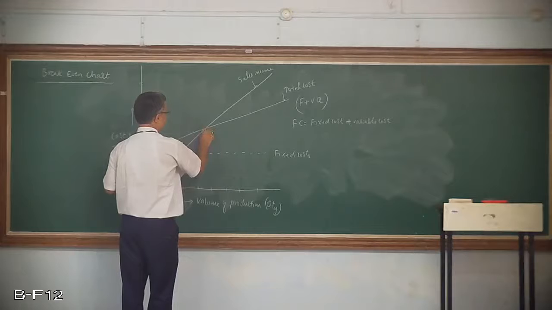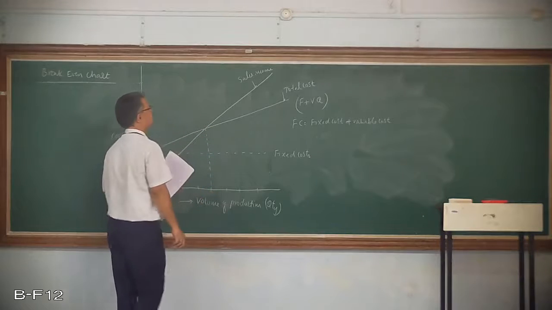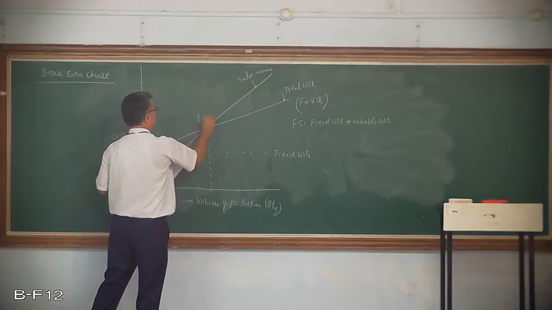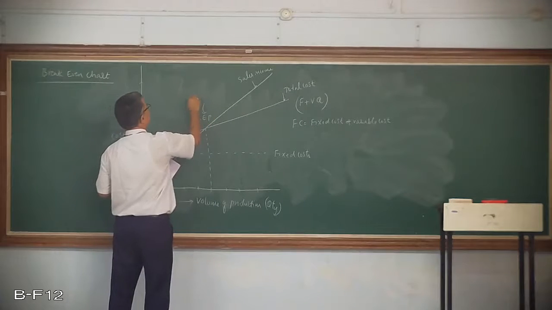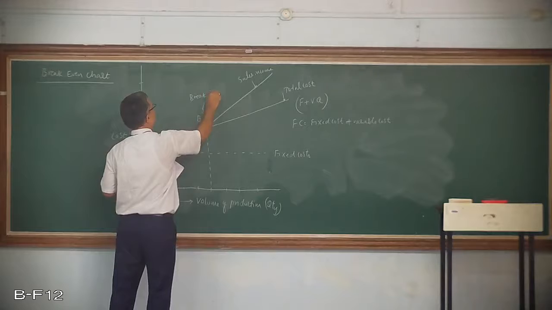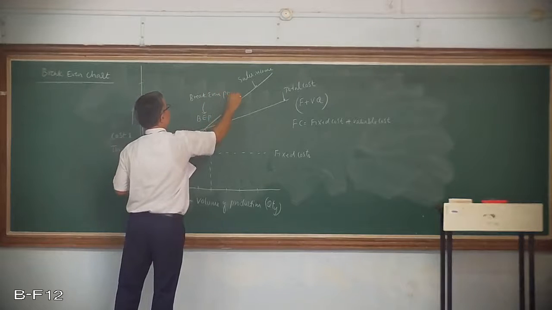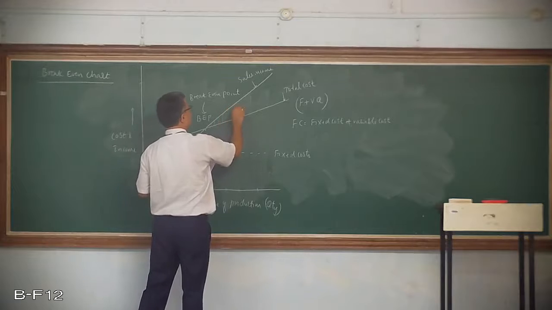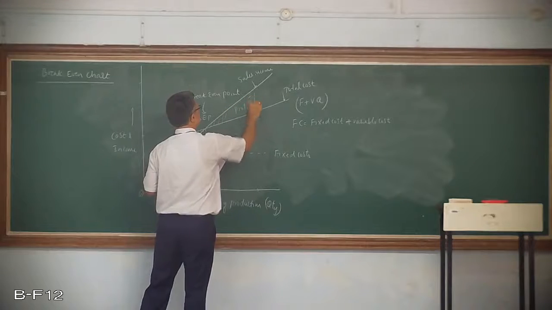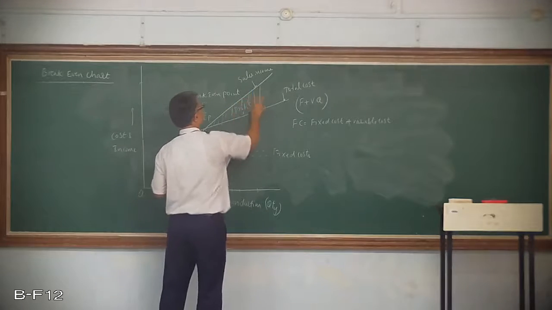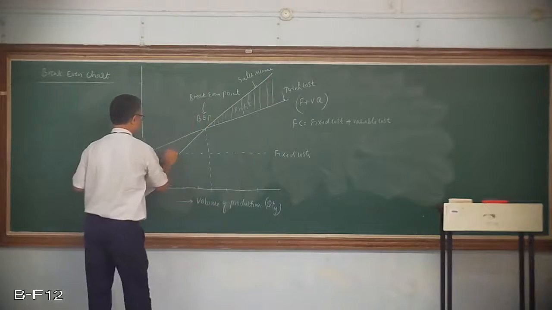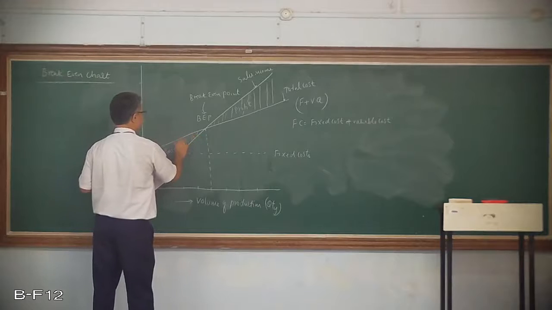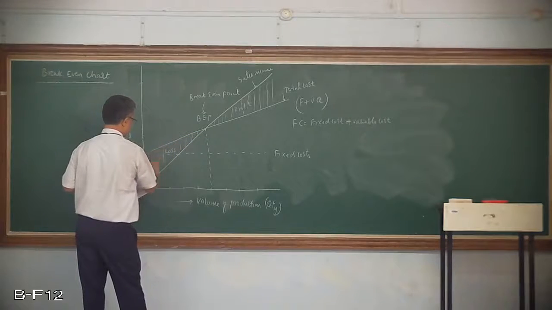The intersection of the total sales income and the total cost is called BEP, the break-even point. The area above this break-even point indicates profit, and the area below the break-even point indicates loss.